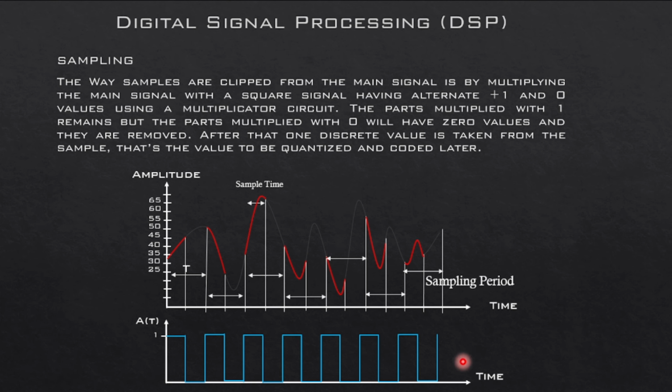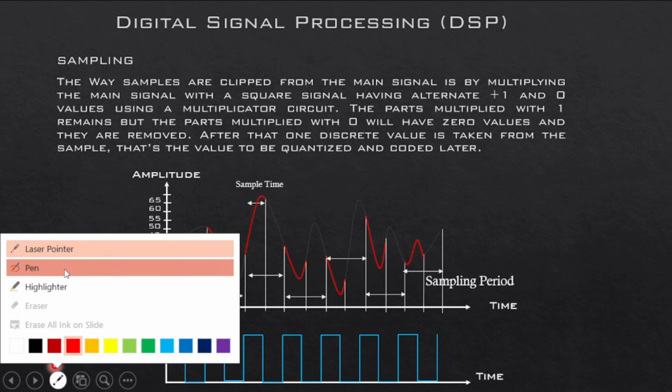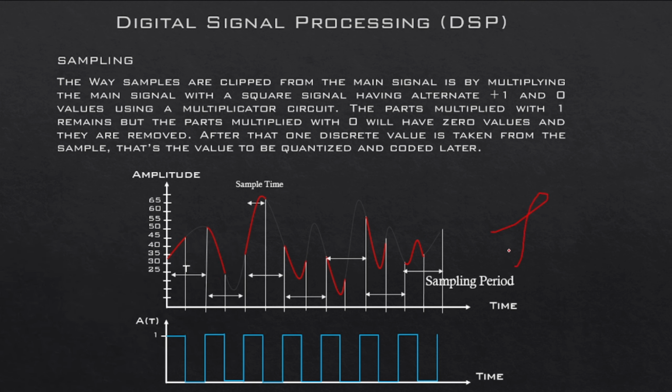Usually, the frequency of the sampler, that's Shannon's theory, f should be at least 2 fm. So let's check it here. The frequency of the sampler should be at least equal to or greater than 2 fm, which is twice the frequency of the message, which is the frequency of the original audio input.